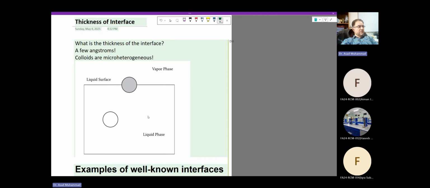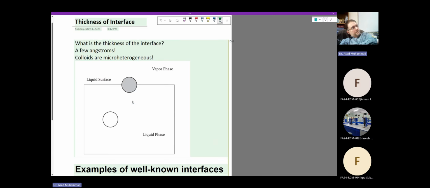This molecule, as I explained earlier, is present over the surface, so these are the surface molecules, and here we have the bulk molecules. Both of them are different from each other. The surface molecules are energetic as compared to bulk molecules. So if you pull a molecule from the bulk to the surface, you need to put some energy into it to make it energetic, ठीक है ना?